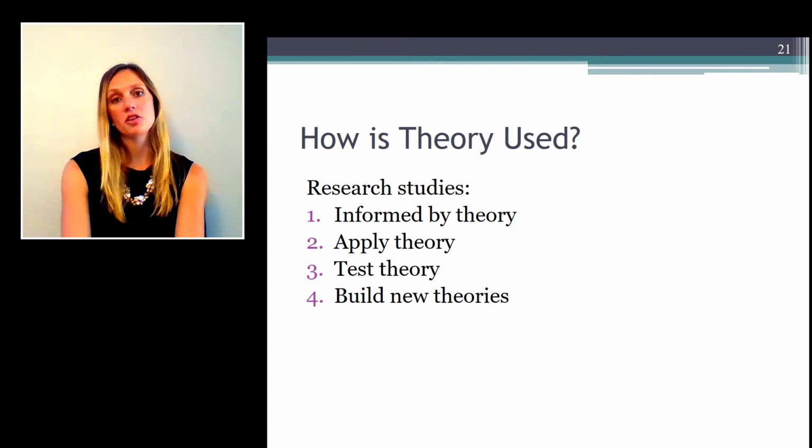So I've read the literature and I know that this theory called, for example, the health belief model, posits that an individual's perceived susceptibility of developing a disease influences their likelihood of engaging in a behavior.